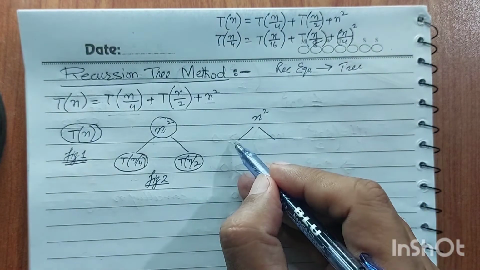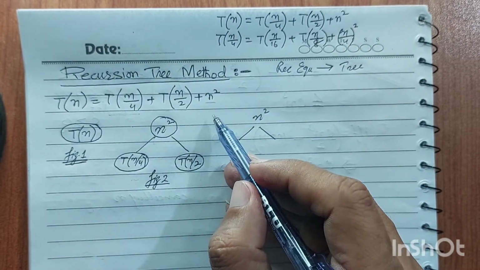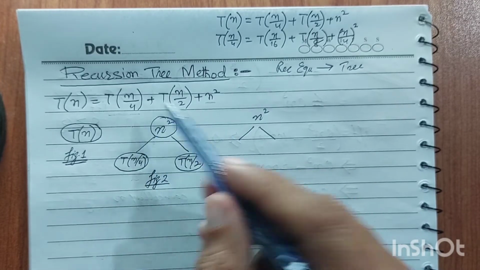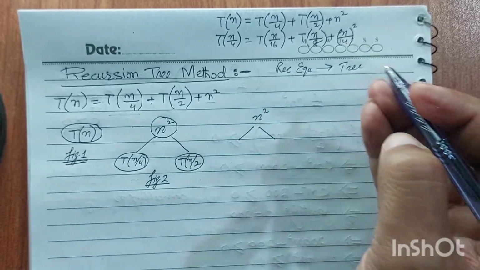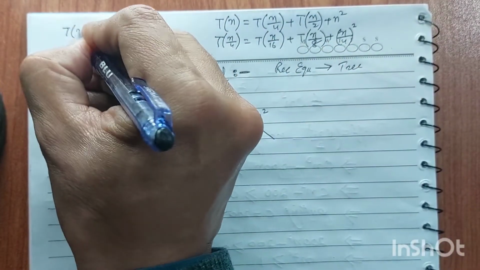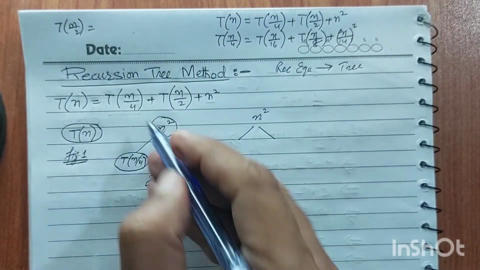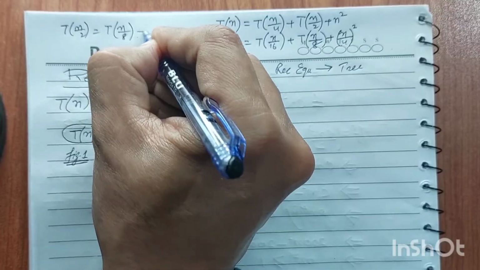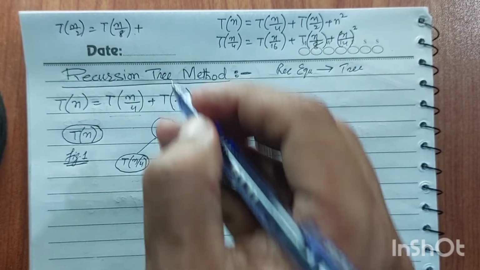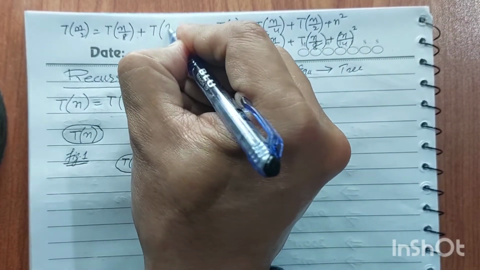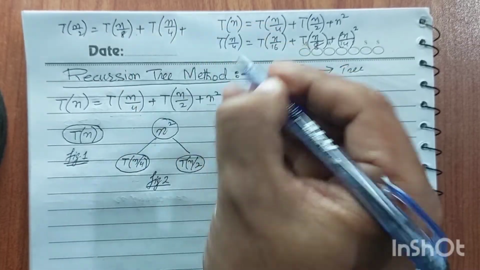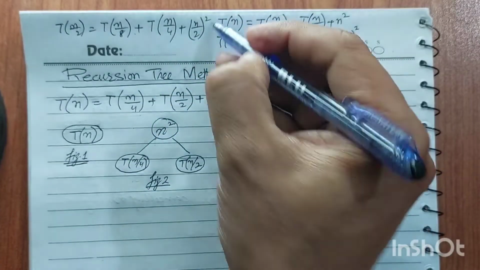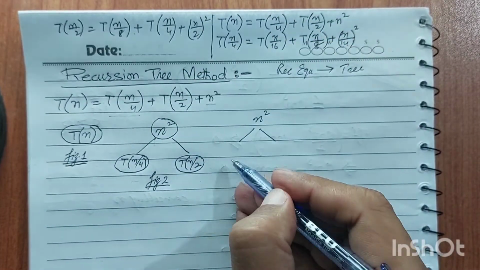Now what we need to do is replace t of n by 4, and at the same time we put n by 2 also here. So t of n by 2 is equal to t of n by 8 plus t of n by 4 plus n by 2 whole square, replacing n with n by 2 in n square.